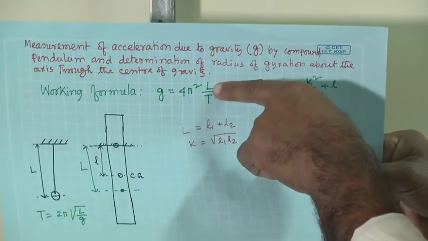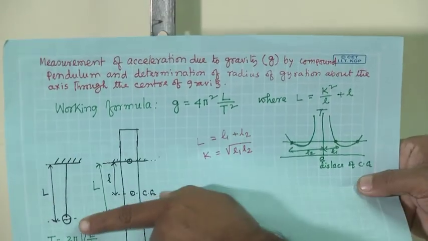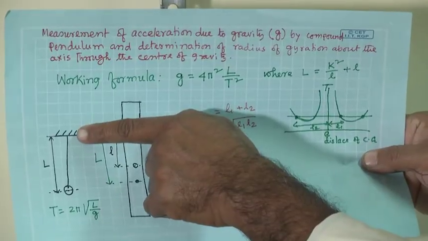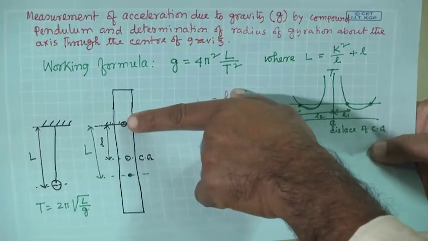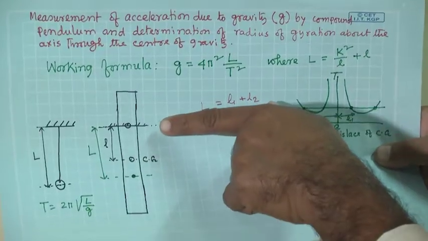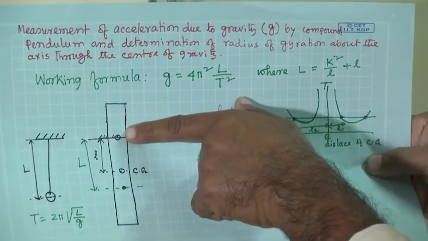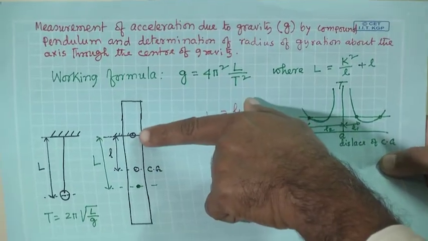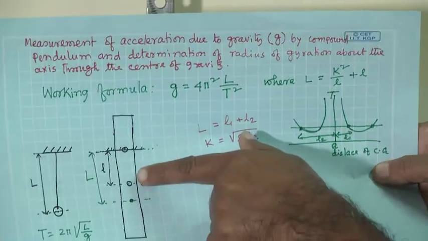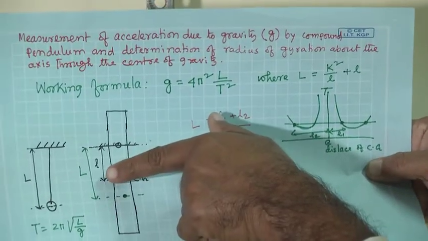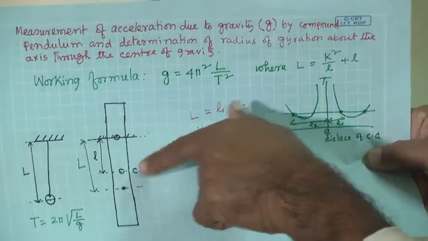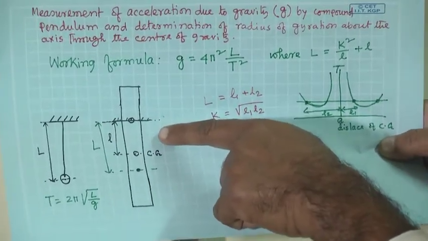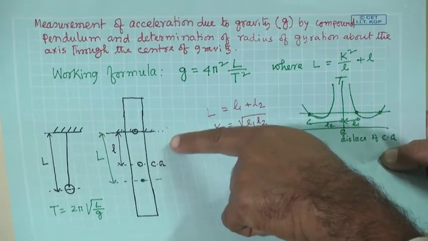So, this length is not just the length of the center of mass from the support, from the axis of rotation. As I told, there will be two parts. One is the distance of the center of mass of this system, into the square of that distance, into the mass of this body, plus another part coming from, as I told, the radius of gyration.